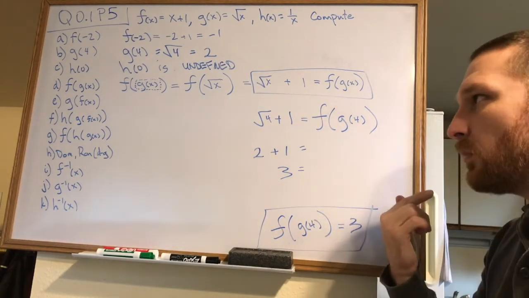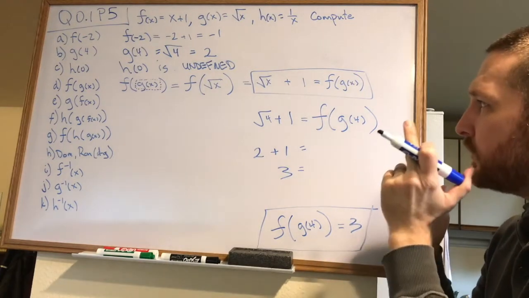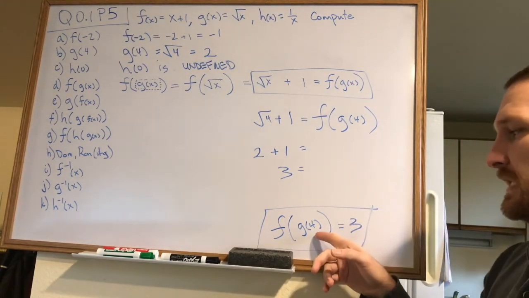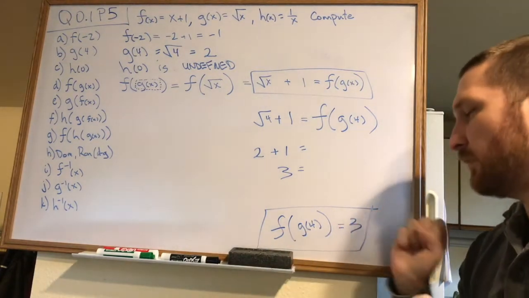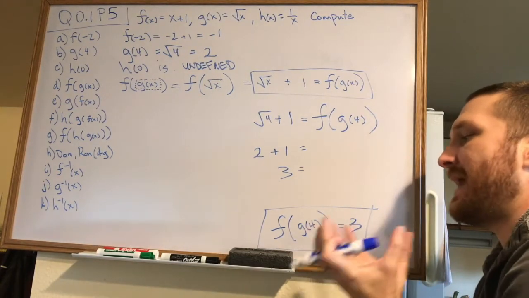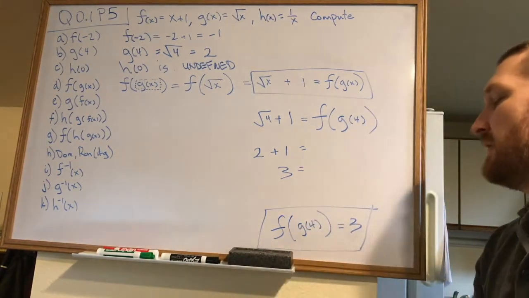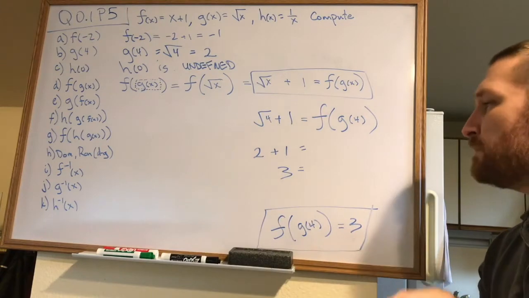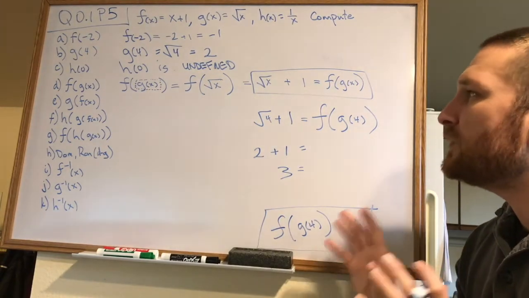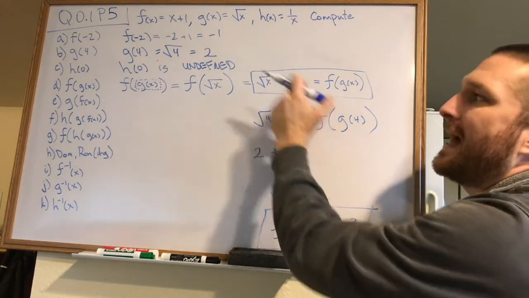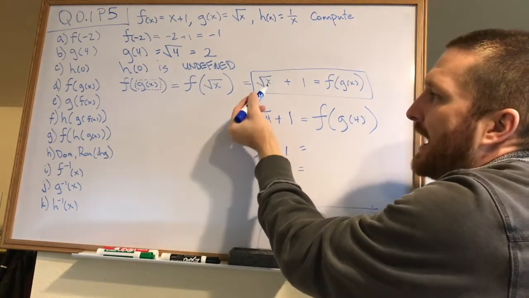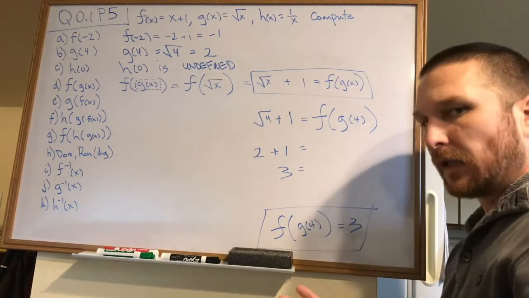So what we're doing is the same thing that we did before. We're saying plug a number into g, then take that output, plug it into f, and you'll get something new. But we're doing it symbolically. We don't have a number x, so we can't actually calculate it, but symbolically we can.